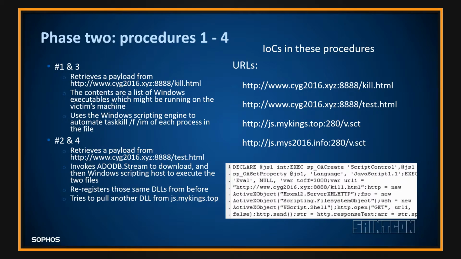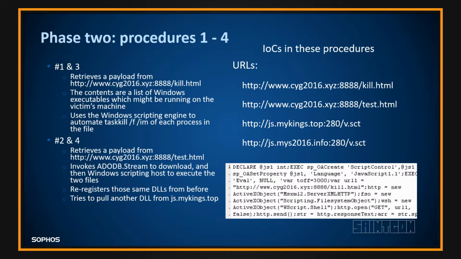And then the next stage is to get a payload called test.html from a different web address, and it invokes ADODB stream to download that, and then the Windows scripting host runs these files that are the payloads.